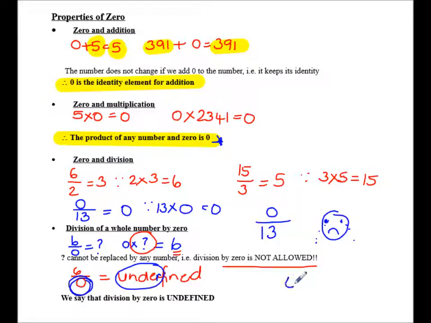But if you got 6 out of 0, if you went to your friends at break and said, I got 6 out of 0 from my test, well, they would think you're quite nuts because you can't get 6 out of 0. And that is one way of remembering which is the undefined result.